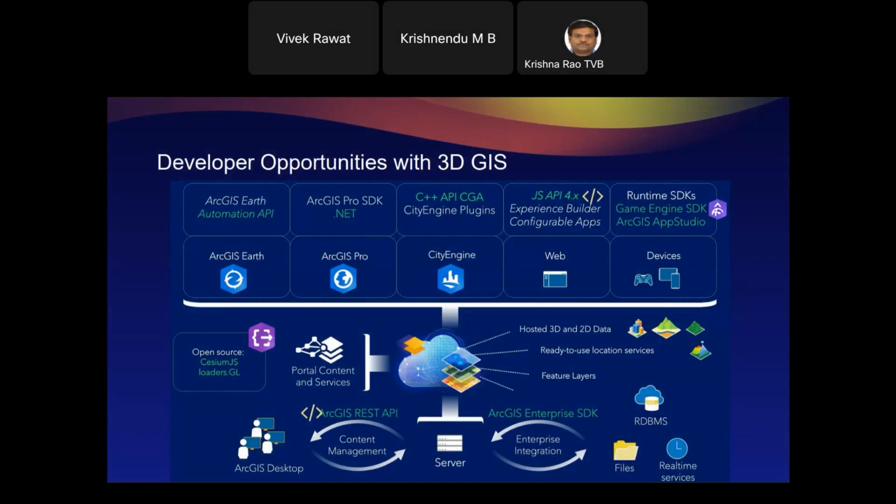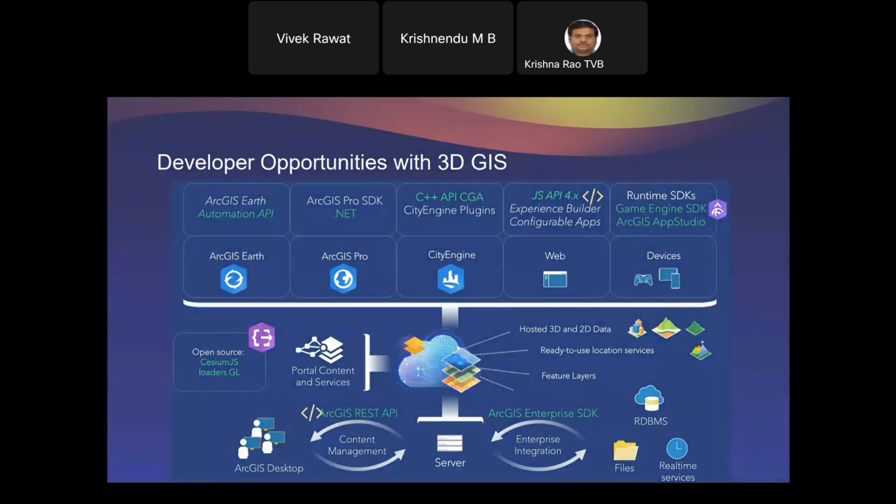We have the JavaScript option, where we can develop web configurable applications and custom applications, and we also provide runtime SDKs, game engine SDKs and all. Whatever we develop or customize, we can integrate with our ArcGIS environment, where we do our configuration and customization. All these things can work together and we can enhance our experience.